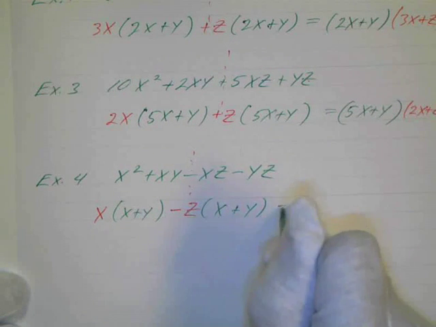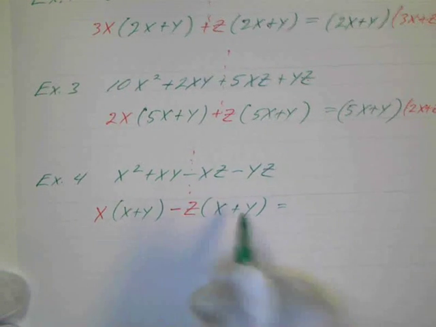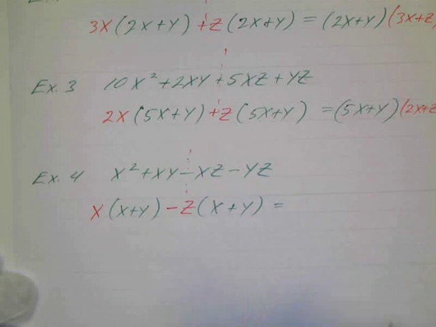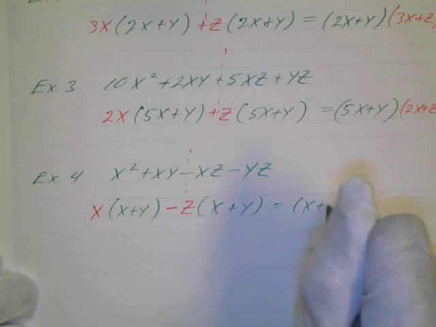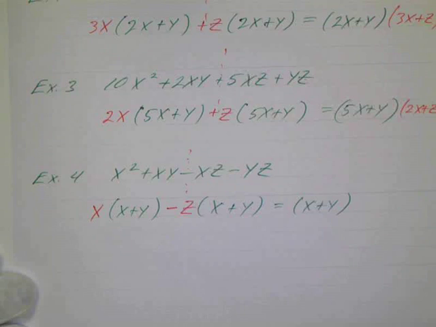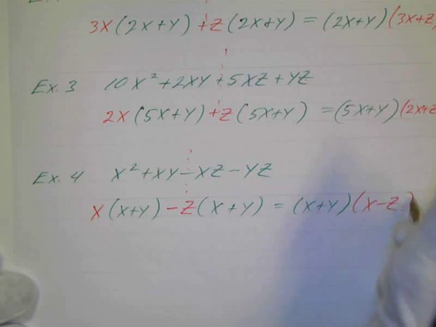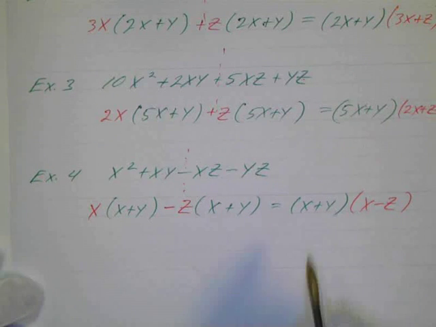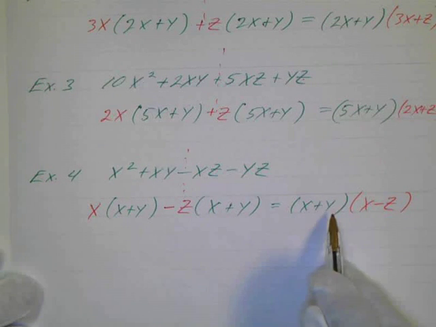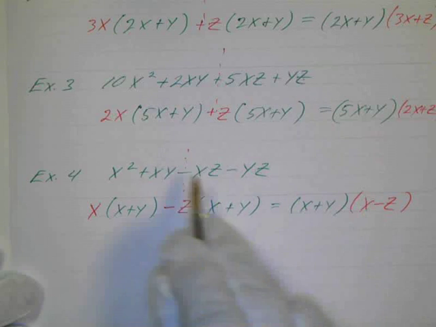And that's going to end up equaling, so we'll factor out the x plus y. And what's left? x minus z. And again, we can always multiply this out. x times x is x squared. There's my xy.